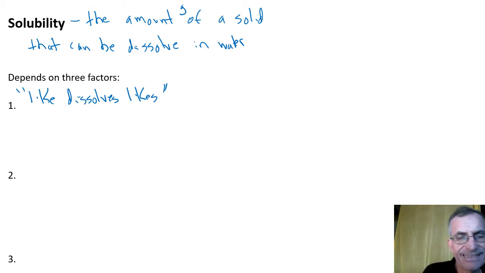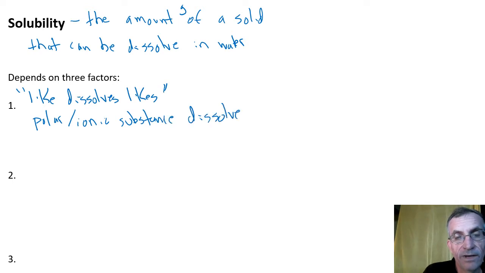If you have something that is polar, or it could even be ionic, you might remember polar means that you're a molecule that has charges inside of you, and ionic also contains charges. So polar or ionic substances dissolve well in polar liquids.